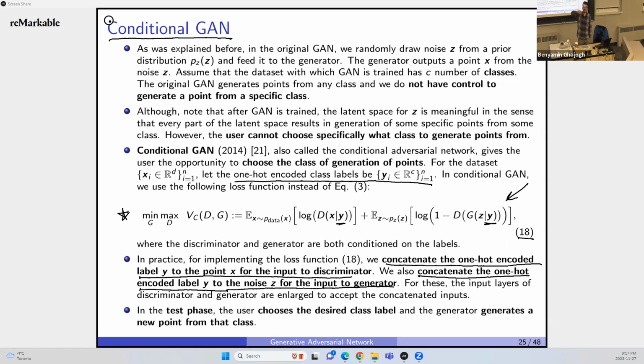Now in the test phase after training, what should I do? For whatever class I want to generate from, I make the one hot encode of that label. Then I also sample some noise. I concatenate them. I feed them to the trained generator. It gives me some data from that class. Okay. Idea is simple, but it works well.